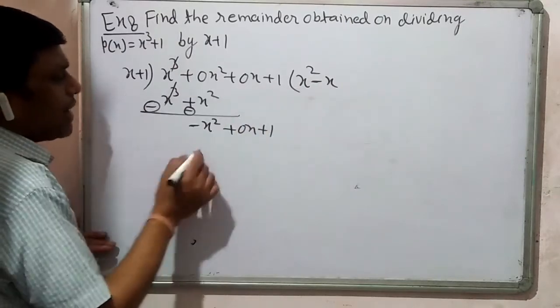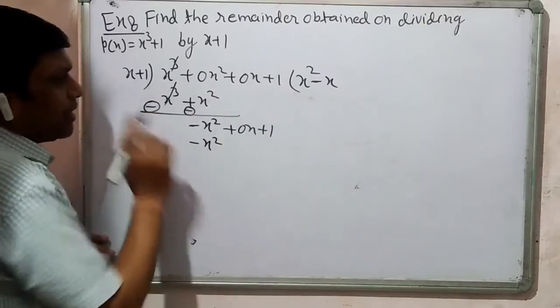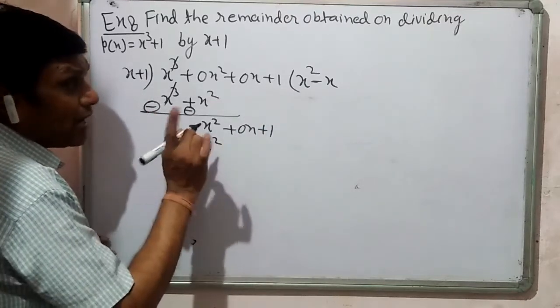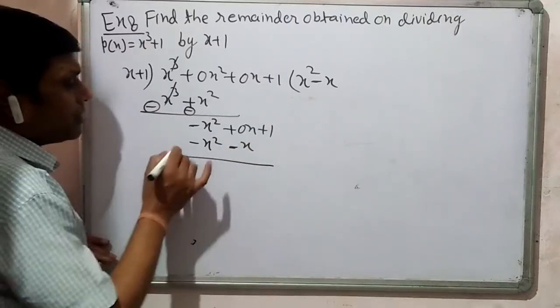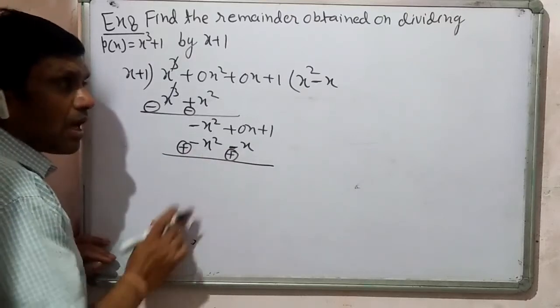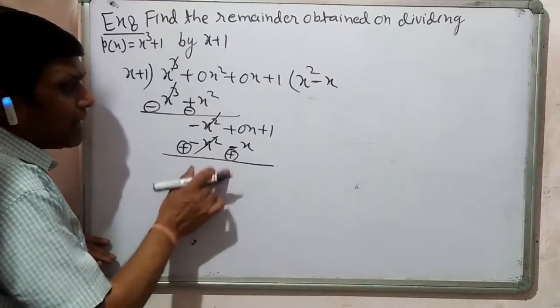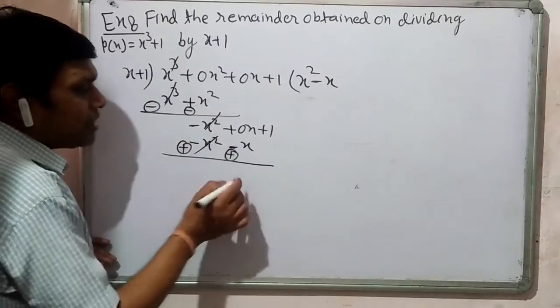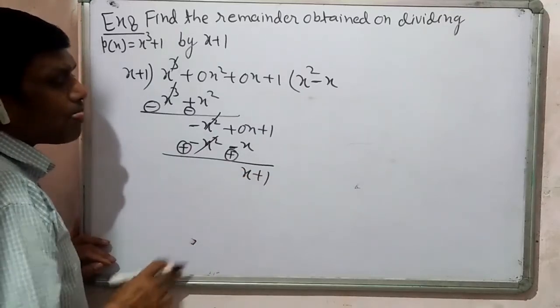So negative x into x is negative x square. Negative x into positive 1 is negative x. Change the signs. Now positive and negative cancel. Positive x plus 0x is positive x. Plus 1 we have.